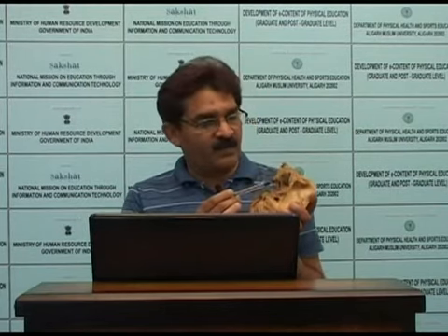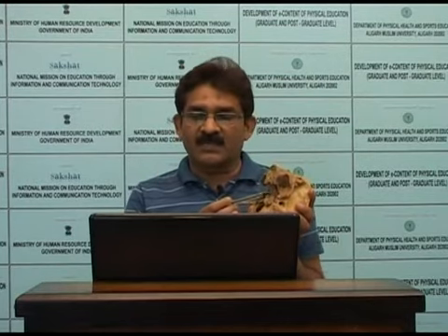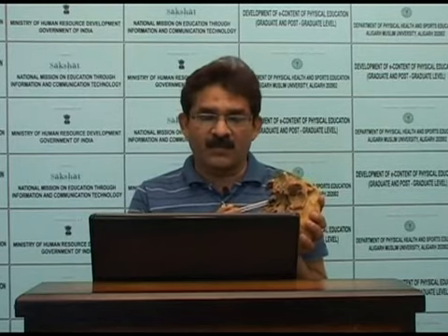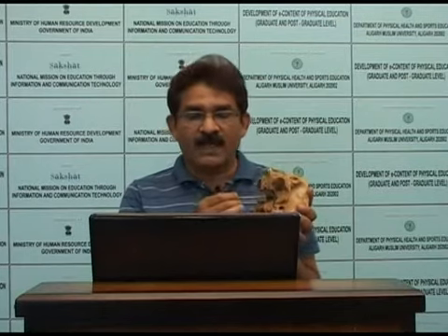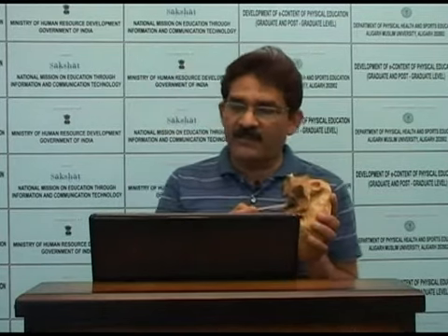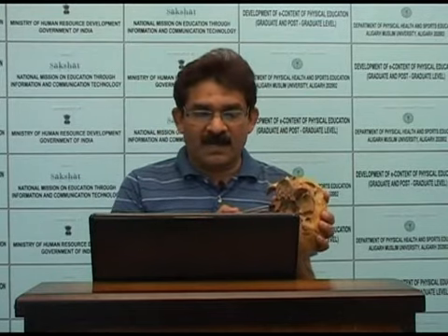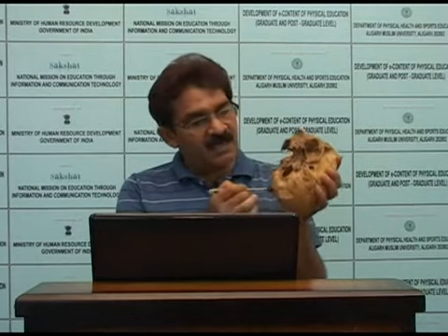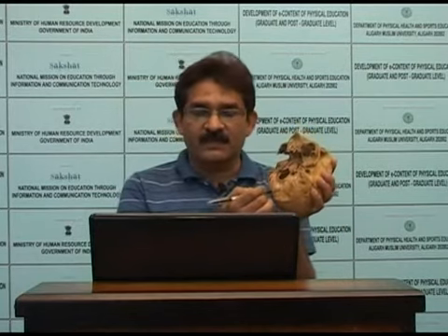Number 2, palatine bones. Number 3, sphenoid bones. Number 4, vomer bone. This is the vomer bone. Number 5, temporal part. Number 6, occipital. This area is the occipital part of the skull.